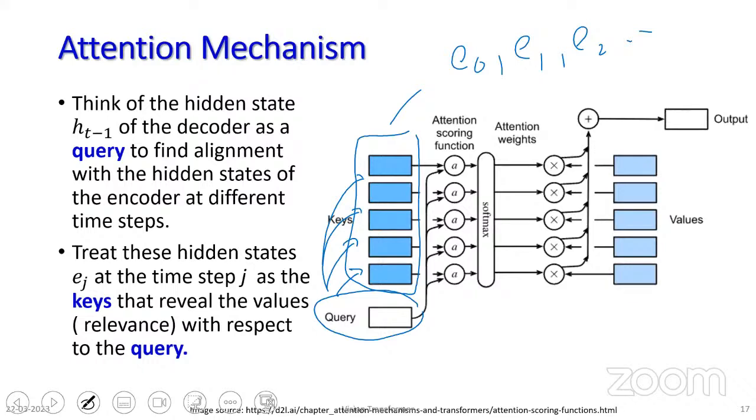So what I'm doing is that I have a set of encoded states of different words, and I have the decoder at time step t, which is trying to decide what the current output should be. For that, it will look at its previous hidden state, and try to align it with the encoder states of different words in the encoding stage.